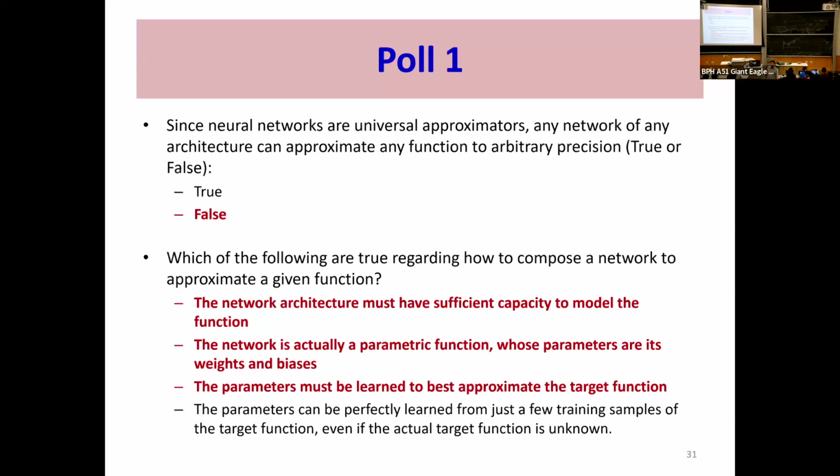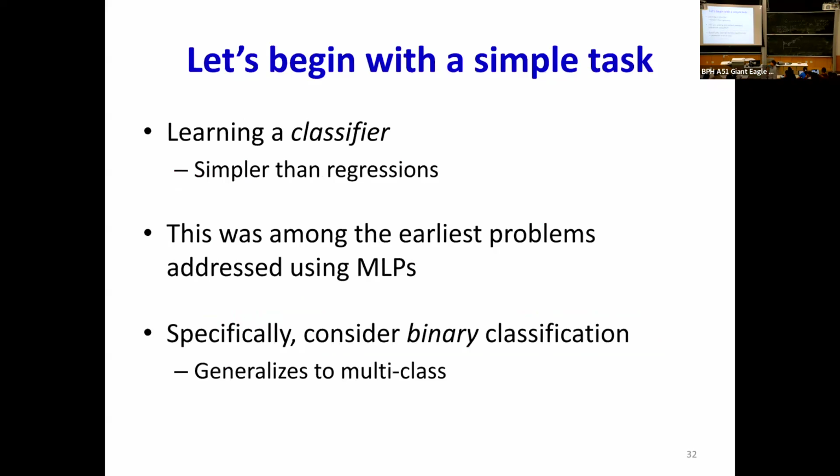Even if the architecture of the network is insufficient, it can nevertheless be learned to approximate the target function as closely as it can given that architecture, which is why we are not going to explicitly delve into how to set the architecture. Now, the parameters, on the other hand, can obviously not be perfectly learned from just a few samples. In reality, you'd need to know the function everywhere. We just don't know it, and so we're taking a guess from the few samples that we do have.